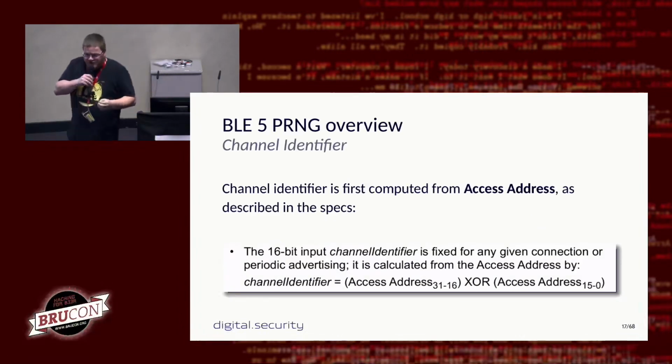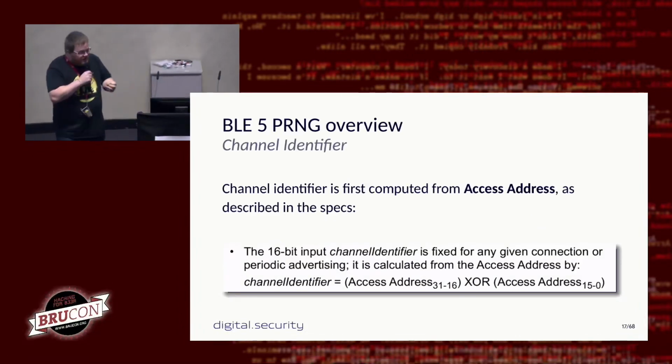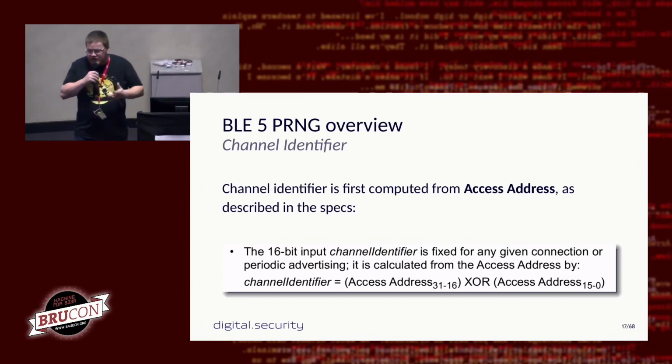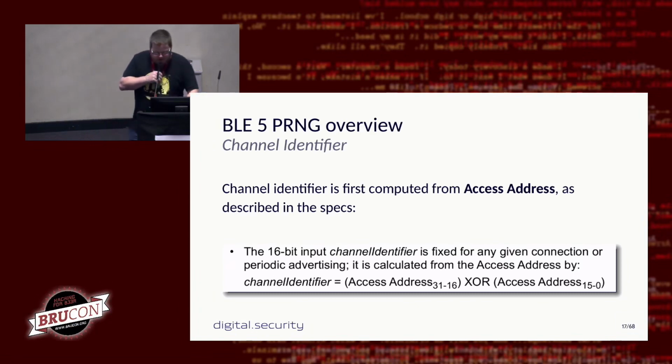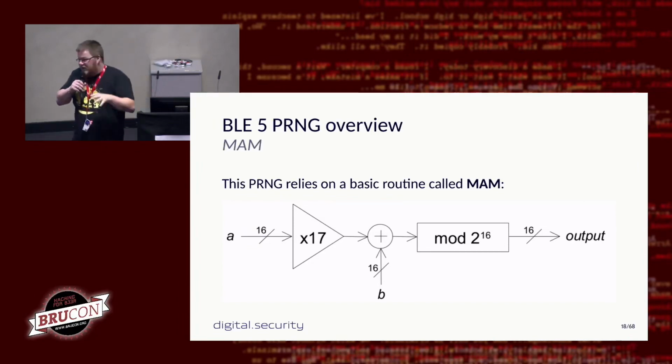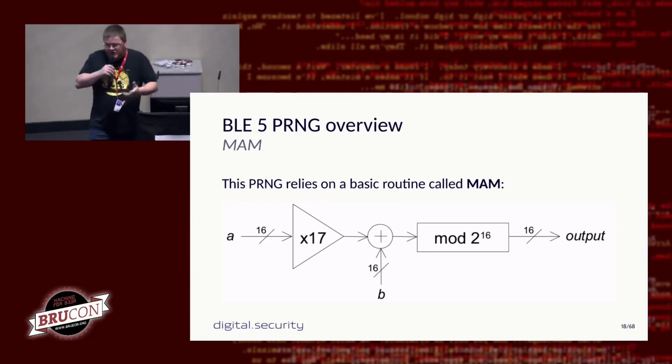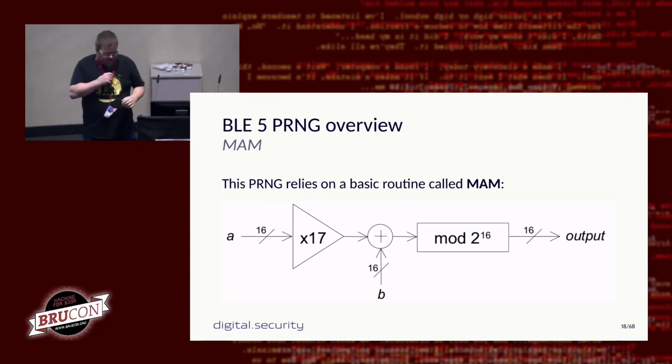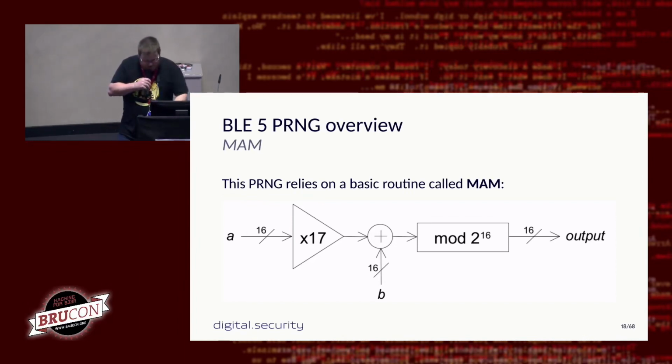This channel identifier, when you go through the specs, is just a simple calculation based on the access address. The access address is a 32-bit value sent after the preamble, so this is something that is broadcast. This is public. And this value, the channel identifier, is used in combination with this MAM routine. MAM stands for multiply, add, mod, which is basically the three steps of this routine.